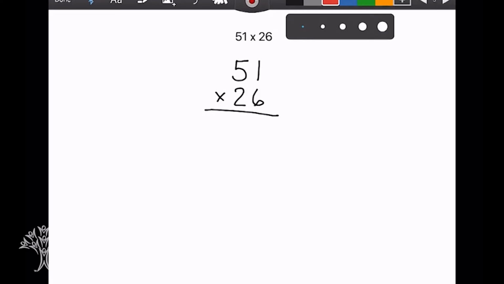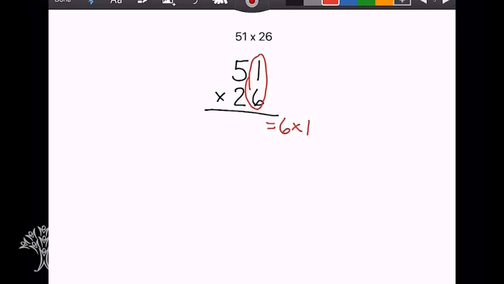So I'm going to move from right to left. I'm going to go up and down and solve 6 times 1, which equals 6. I'm going to go diagonally and go 6 times 50, which equals, let's think of 5 times 6 is 30, but I have an extra 0, so that's 300.